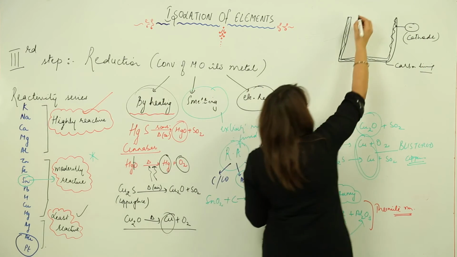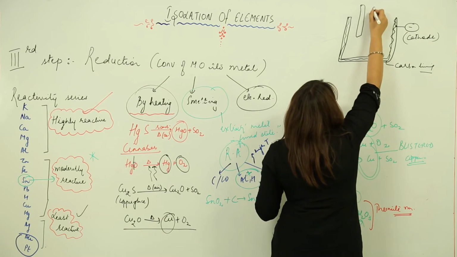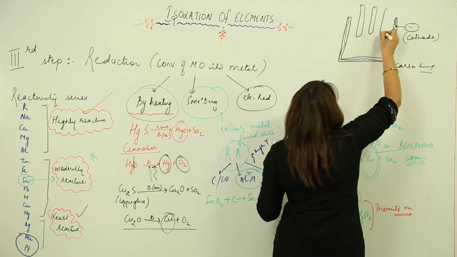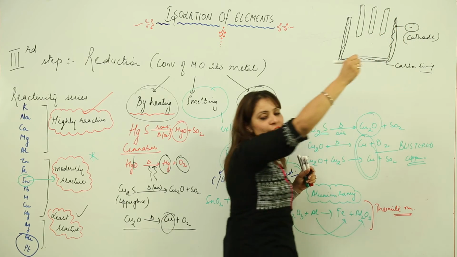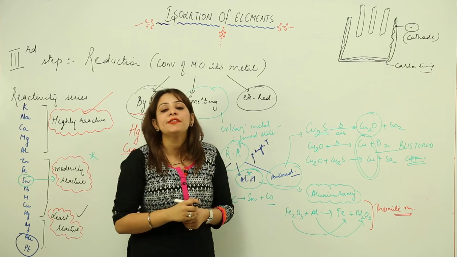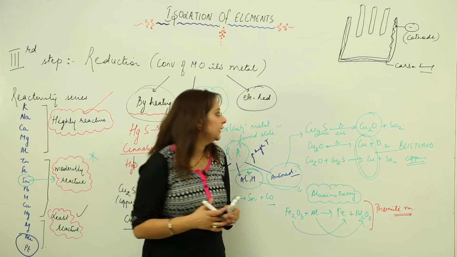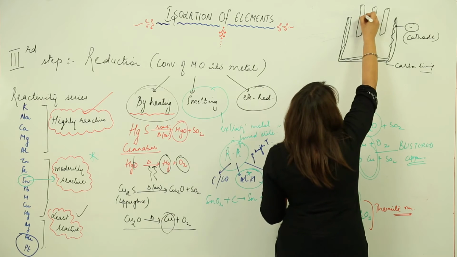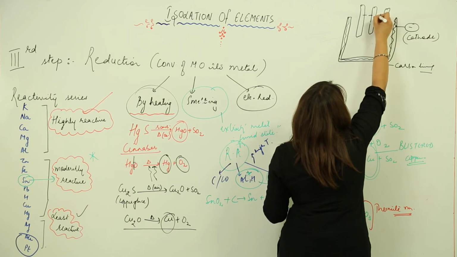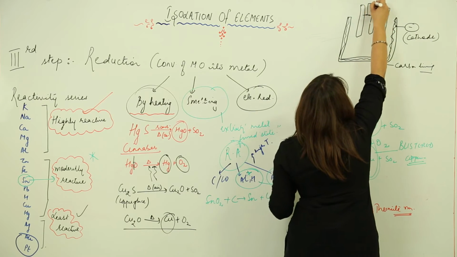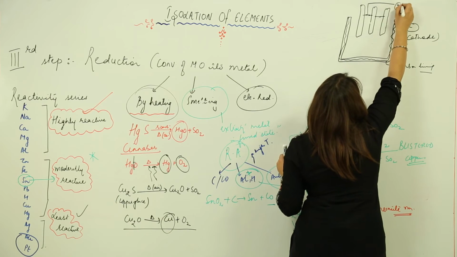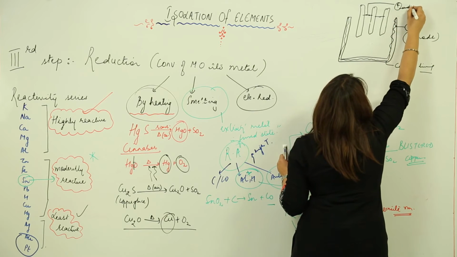I have electrodes made up of carbon. And you know which form of carbon is used? Graphite is used because it is a good conductor, right? These electrodes are connected to each other by means of a wire, they serve as the anode, and they are connected by means of a battery.